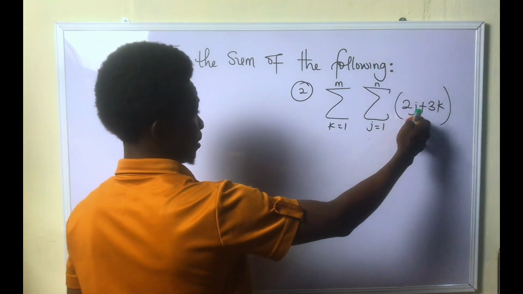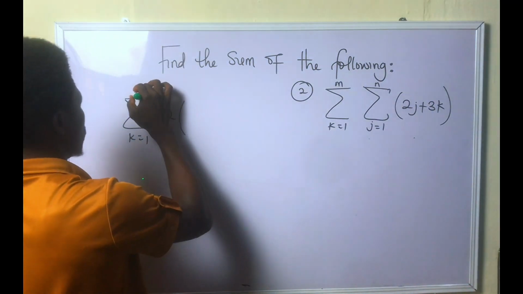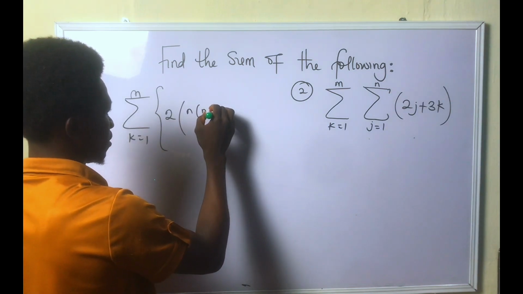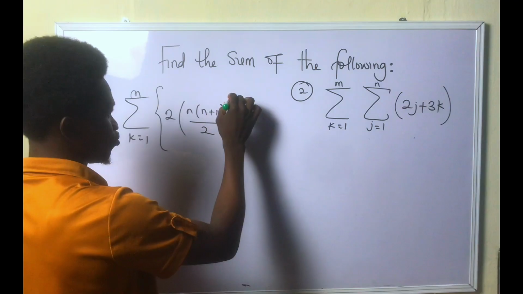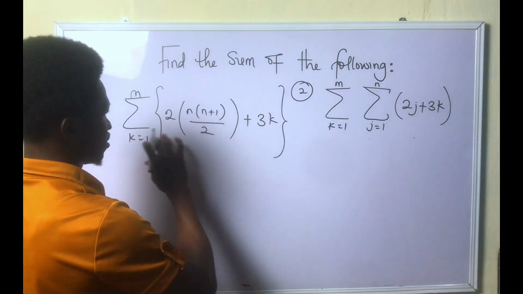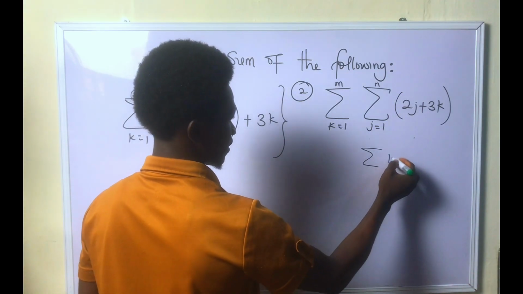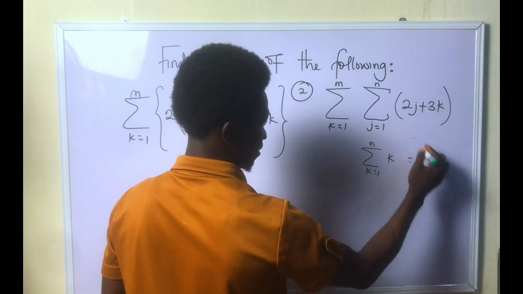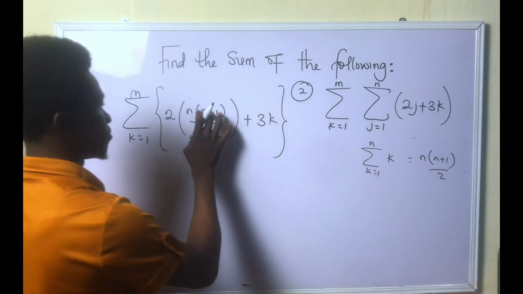Because j is linear, this is going to be 2 into n into n plus 1 over 2, plus 3k. I got this from the fact that the summation of k from 1 to n is n into n plus 1 over 2.